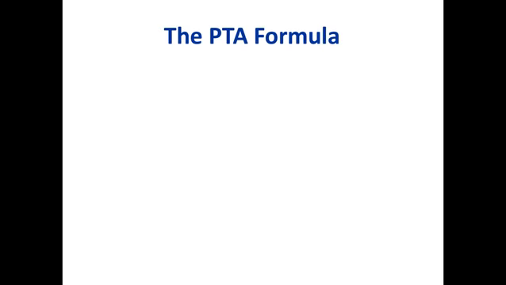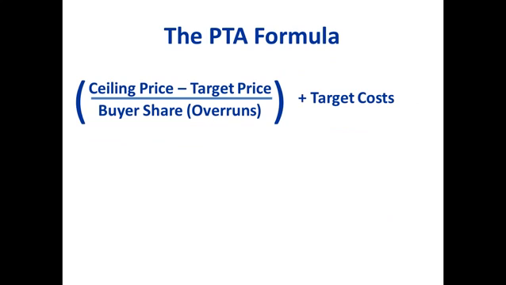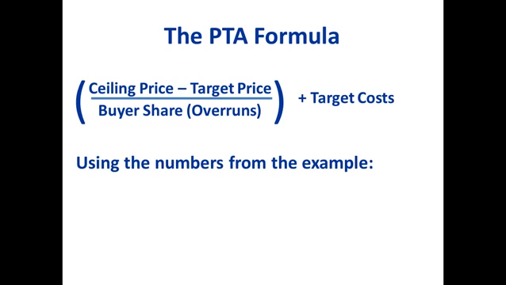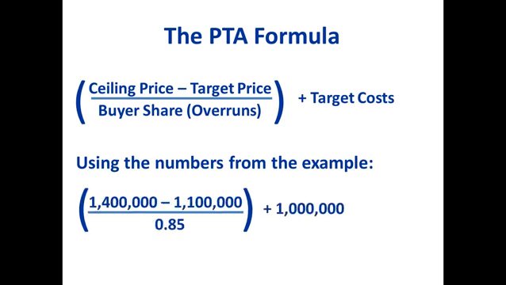It's a fairly simple formula to calculate PTA, point of total assumption. It's the ceiling price minus the target price, divided by the buyer share for overruns, plus the target costs. So there's a subtraction, a division, and an addition. If we plug in the numbers from the example on the previous page, that would be 1,400,000 minus 1,100,000. That is $300,000.